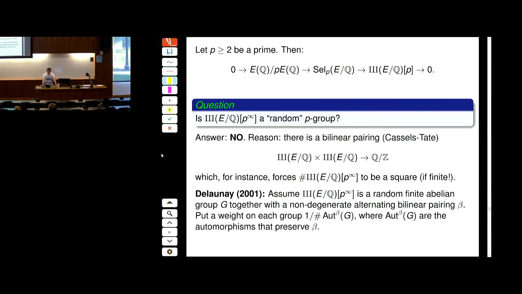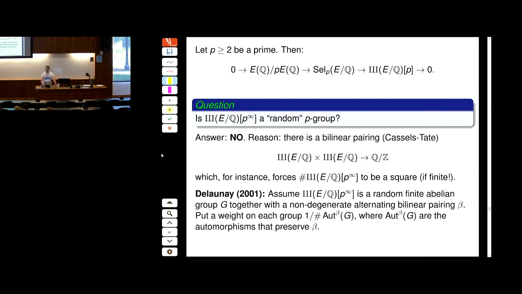So Delaunay, what he did in 2001 is say, okay, let's assume it's a random finite abelian group, and I'm going to put a weight of 1 over the size of the automorphism group. That should be no stranger to you, except that not just any automorphism. I have a group structure together with my group, so it has to be automorphisms that respect the group structure, which is the bilinear pairing.